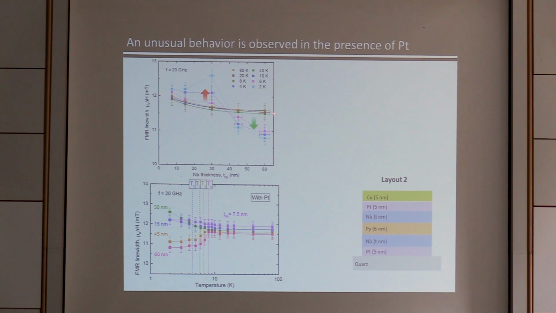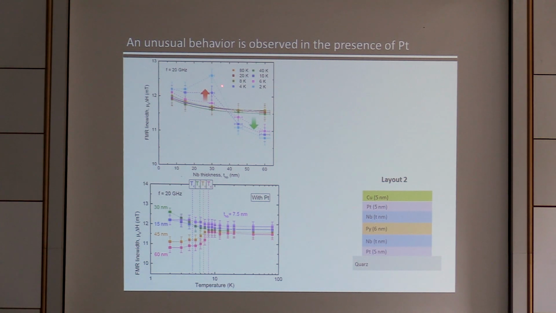Now you see that one thing is that for the thickest niobium layers, the trend of decreasing line width with decreasing temperature, as we were observing in the first layout, is maintained. But this trend is completely inverted at lower thicknesses of niobium.